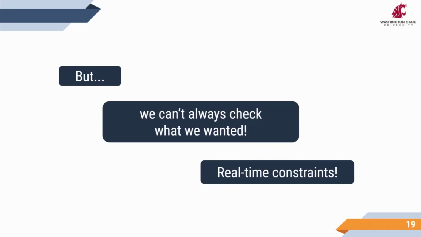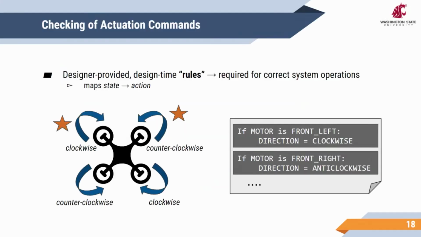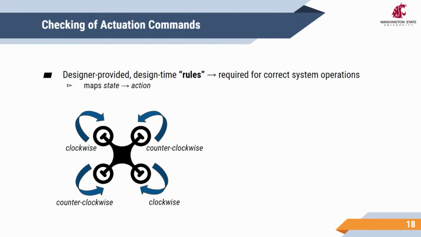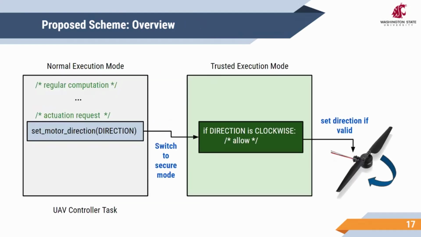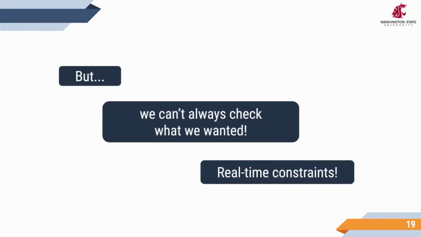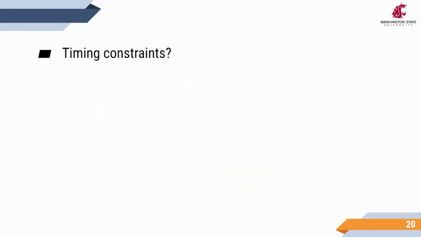So the problem with applying techniques like this in a real-time system is that it will add some overhead and it may lead the system to an infeasible state. So what do I mean by that?